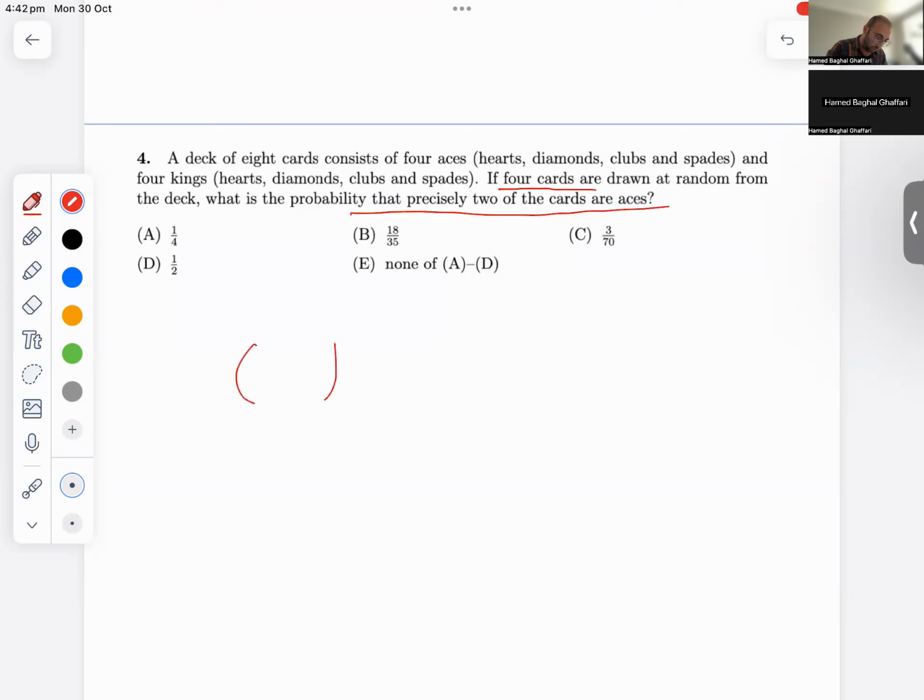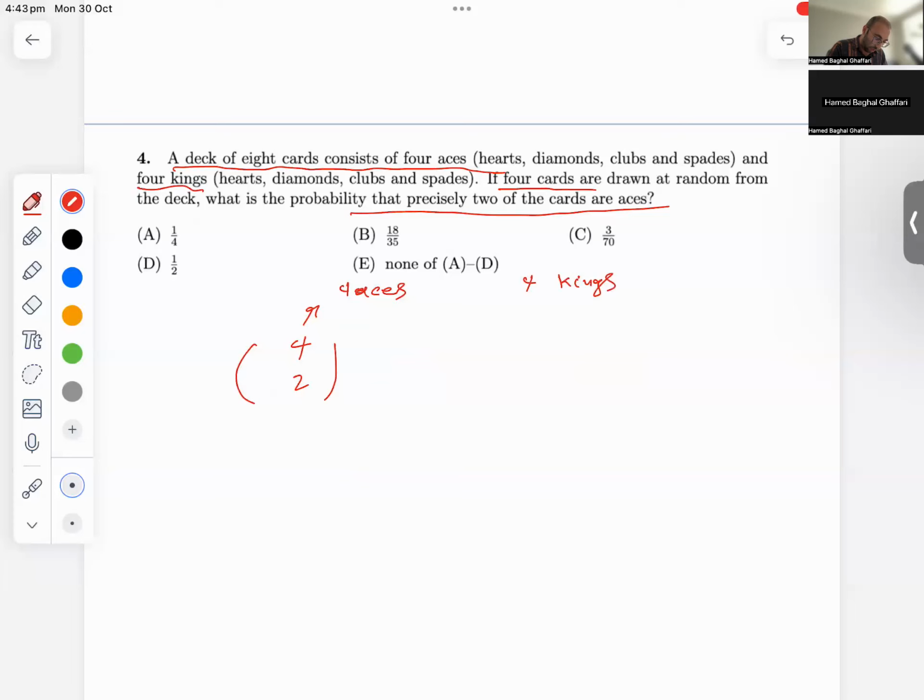So exactly 2. We have a deck of 8 cards consisting of 4 aces and 4 kings. So we've got 4 kings.